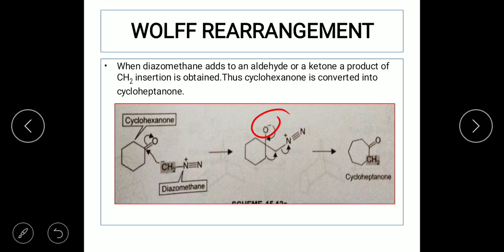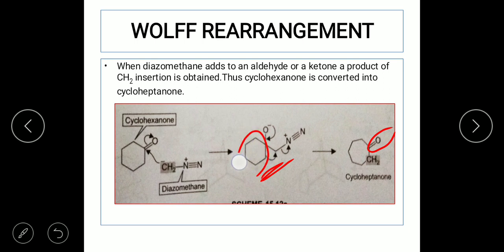Now at this stage you can easily see how the negative charge on oxygen comes back to form a double bond, that is, a carbonyl ketone is formed here, okay, and there is going to be expansion of the cyclohexanone. Once the negative charge on oxygen moves towards the carbonyl carbon to give rise to a ketone group, there is going to be the expansion.